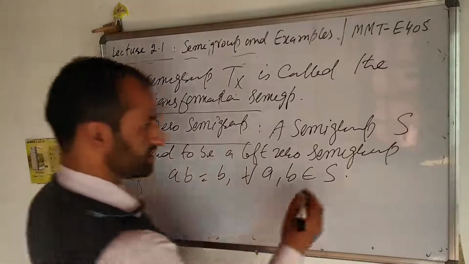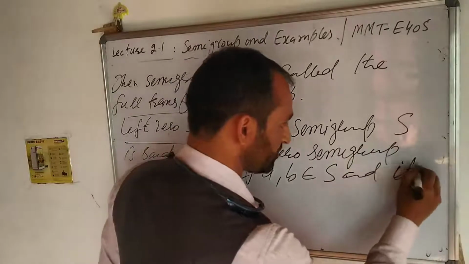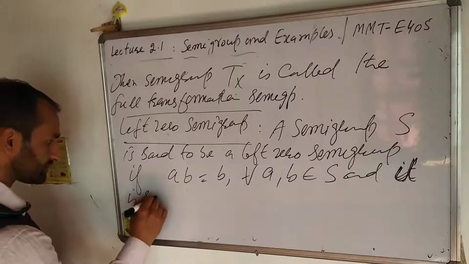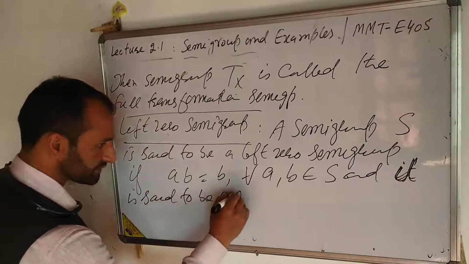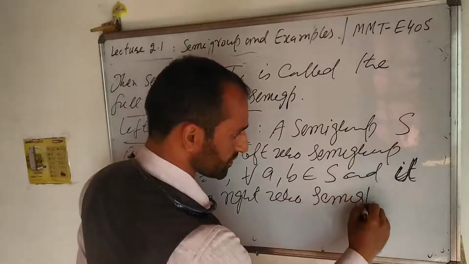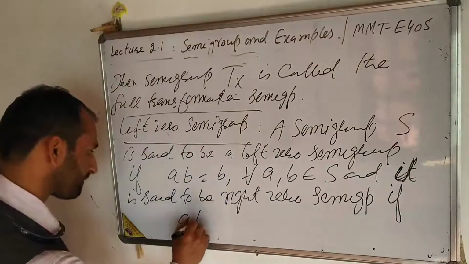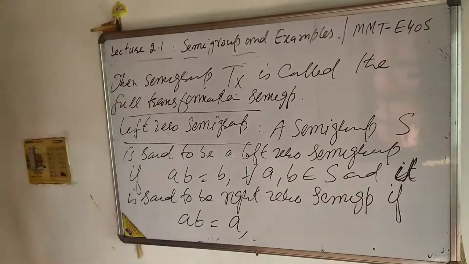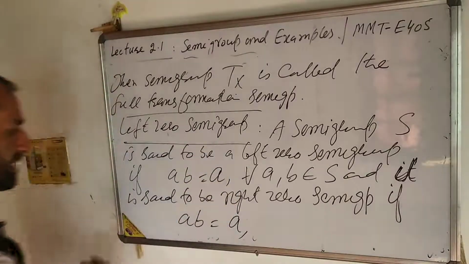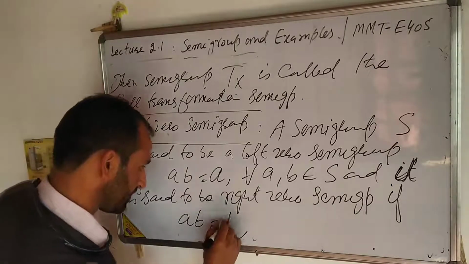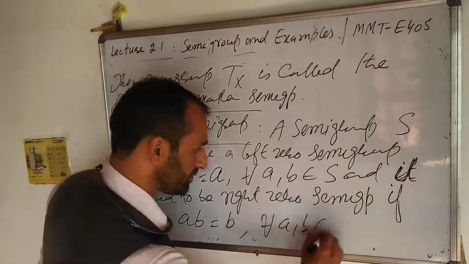And it is said to be right zero if every element is right zero, it's said to be a right zero semigroup if AB is equal to A. Sorry, it's A here. A is on the left side. A is the zero. Here B is the zero. AB is equal to B for all A, B belongs to S.